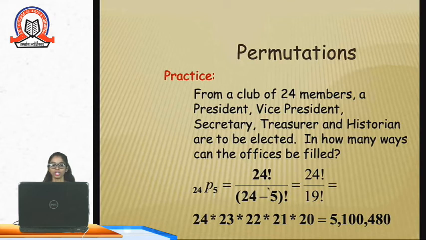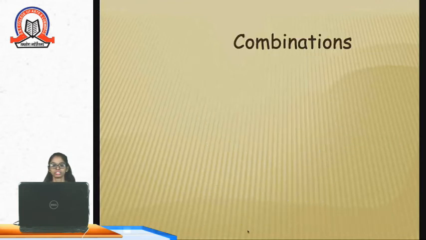Put in formula: 24 factorial divided by (24 minus 5) factorial, we get 19 factorial. 24 factorial over 19 factorial. Then cancel the 19 factorial and 19 factorial and multiply only the remaining terms.